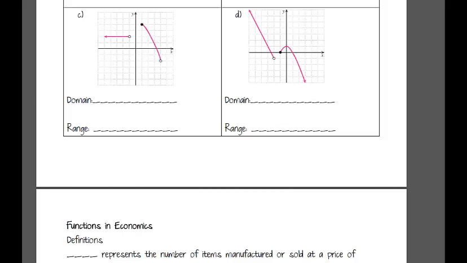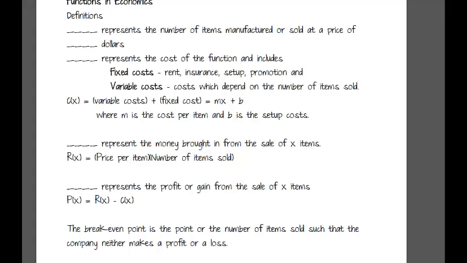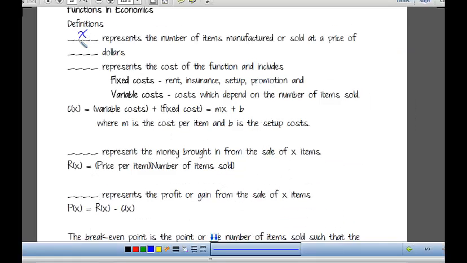All right, let's talk a little bit about some functions in economics. In economics, some definitions that we should be aware of. We're going to use X to represent the number of items manufactured or sold at a price of P dollars.